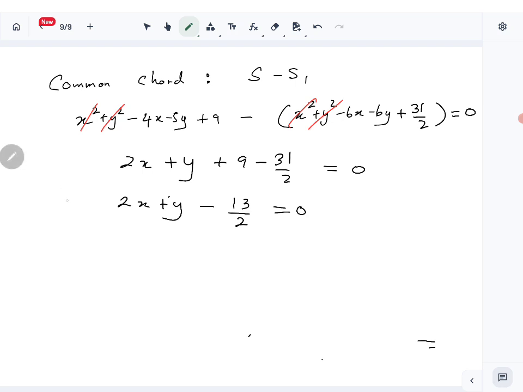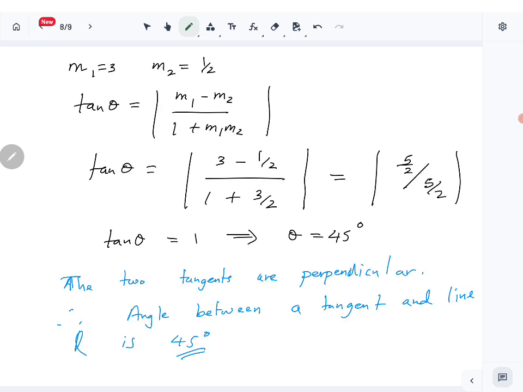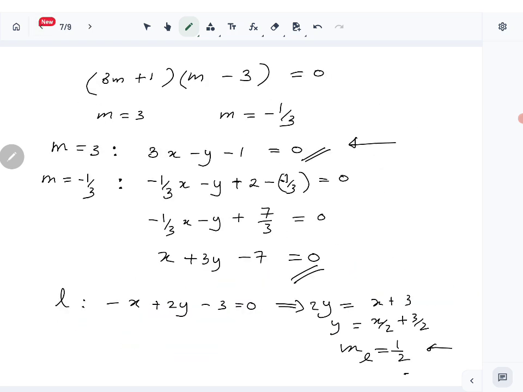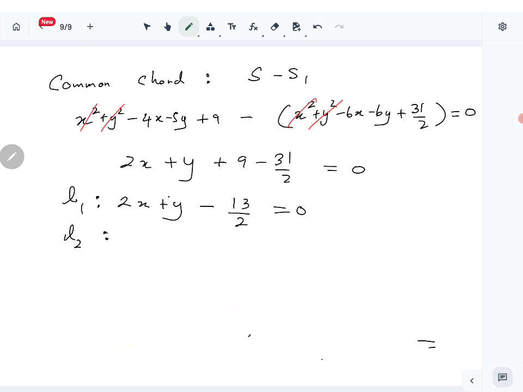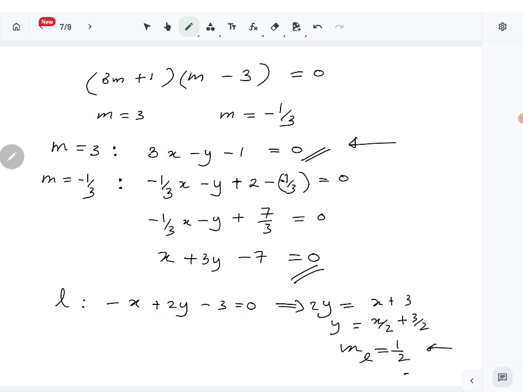So let me label this. The chord is L1, L2 is one of the tangents, 3x minus y minus 1 equals 0, and L3 is the other tangent, x plus 3y minus 7.